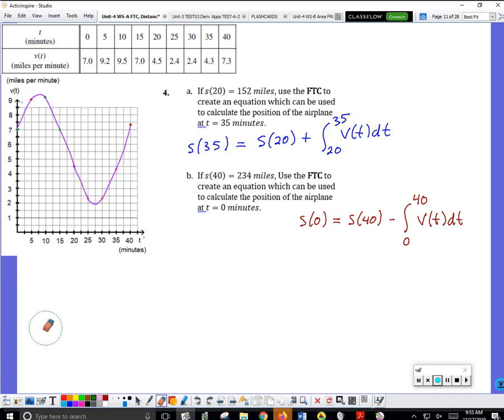The integral of velocity is always equal to the change in the position, so it has to be these two subtracted.